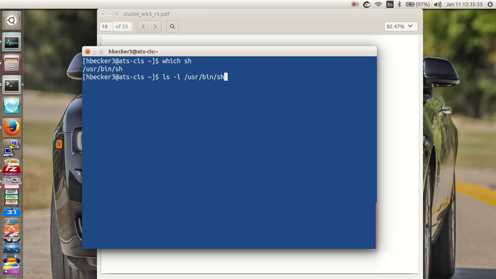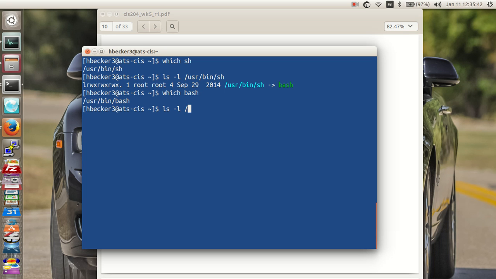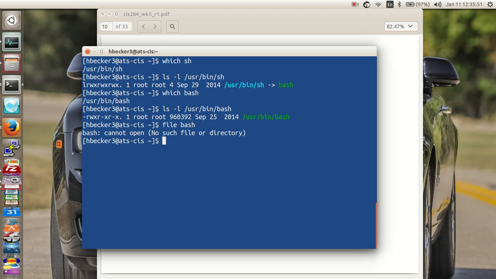Which bash? /usr/bin/bash. ls -l /usr/bin/bash. Okay, file bash. Yep. File /usr/bin/bash. Okay, so there you go. There's the build on that.